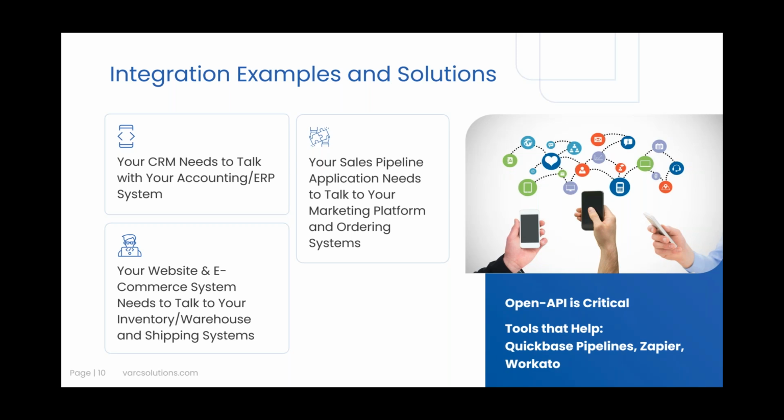What's really cool is they are the integration middleware that connects different things. The last time I looked, we're talking about 3,000 integrations on Zapier, 10,000 integrations on Workato. So very likely, if you've got two different systems that have an open API, Zapier and Workato can probably connect the dots instead of you having to create something completely from scratch.